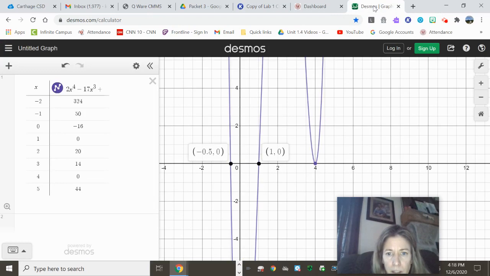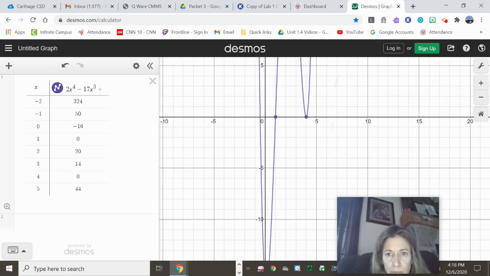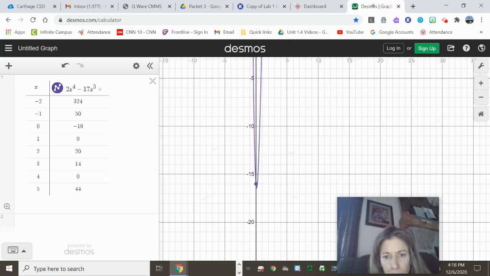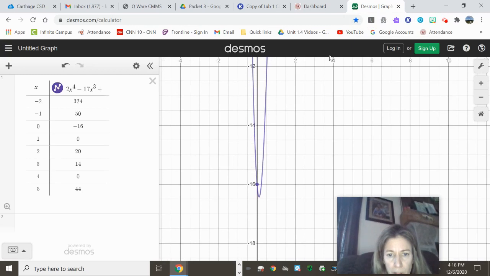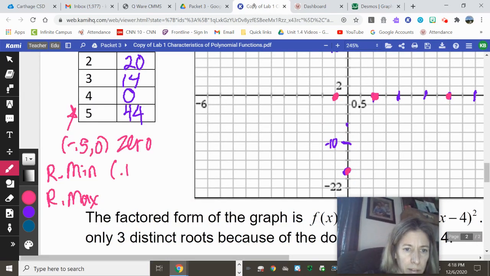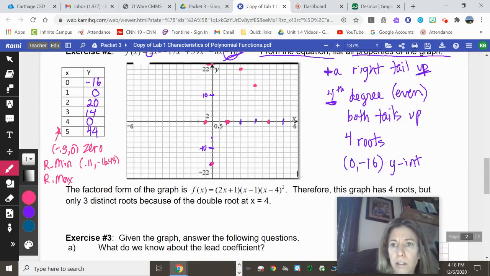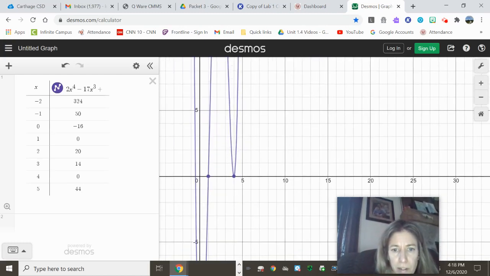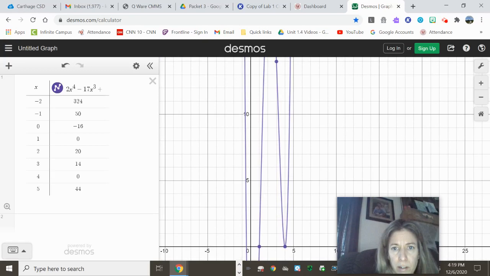So if I look at, the relative min is this lowest point on the graph. And there could be more than one relative min. We just have to look at where it curves. So this is 0.11 and then -16.43. The other relative min is the 0 of 4, which is already taken care of.